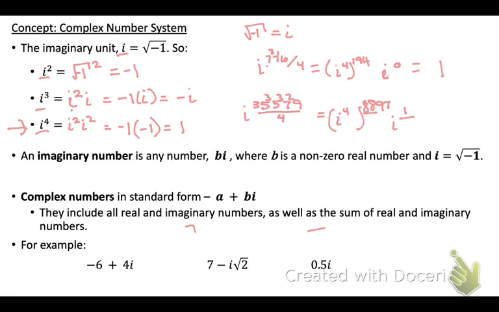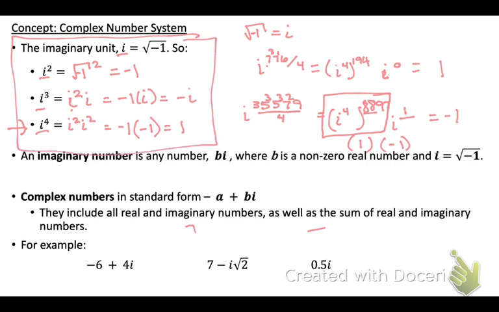Okay, so this whole thing is just, because I to the 4th is what? 1. And 1 to any power is 1. Okay, what's I to the 1st? I. So the answer is I. So the 4 you have to know are what? 1, 2, 3, 4.